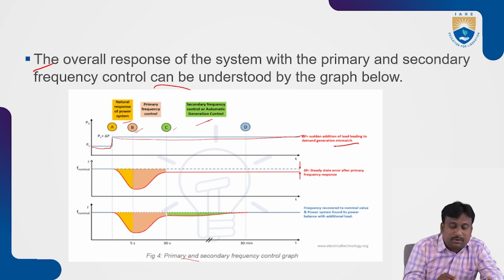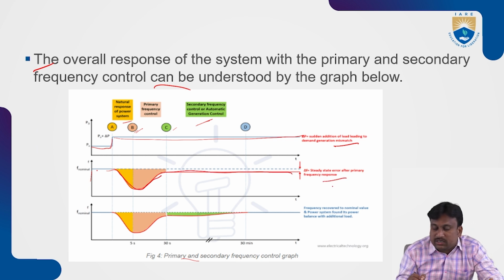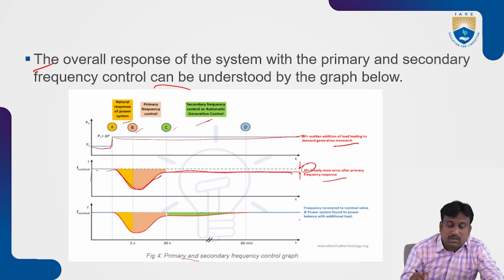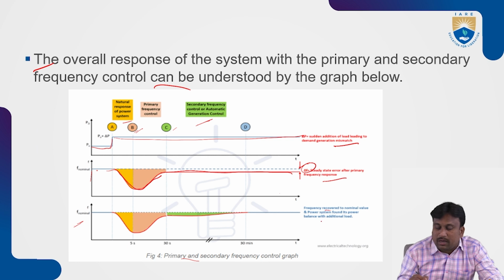Coming to the nominal frequency value, it usually drops in this section and follows the reference path, which leaves a steady state error after the primary frequency response, deviation delta F. Then nominal frequency is recovered, and the power system is found to be in power balance with the additional load.